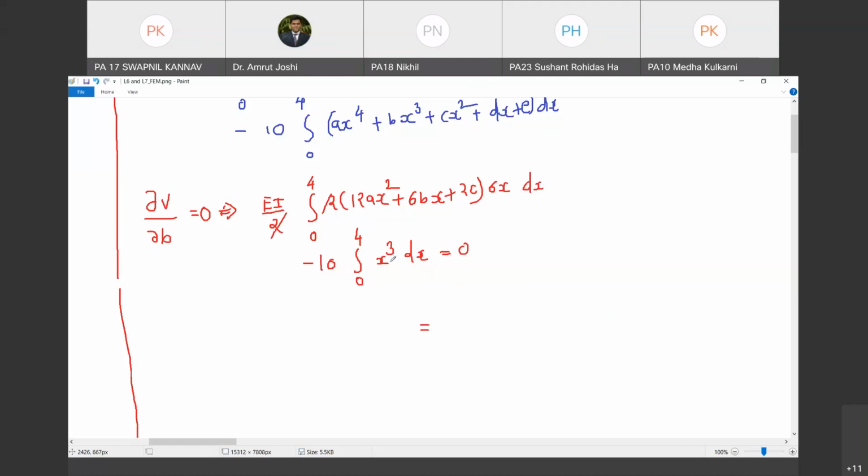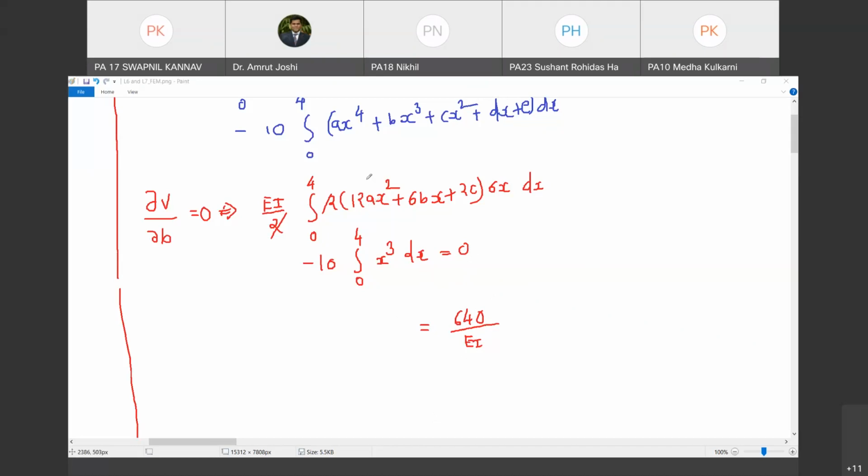That turns out to be 640. Please correct me if I'm wrong. It goes on the other side and becomes positive. So you have 640, then this EI will come there. 640 by EI is there on the right hand side.